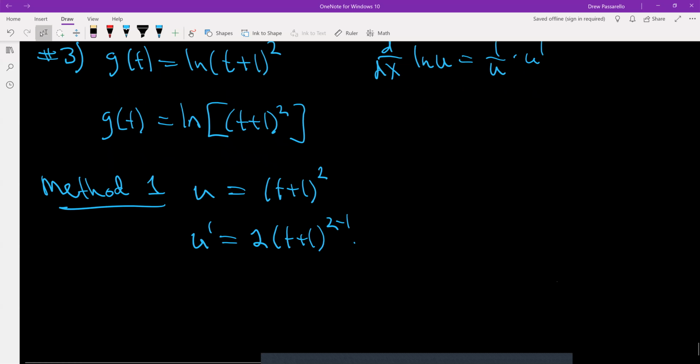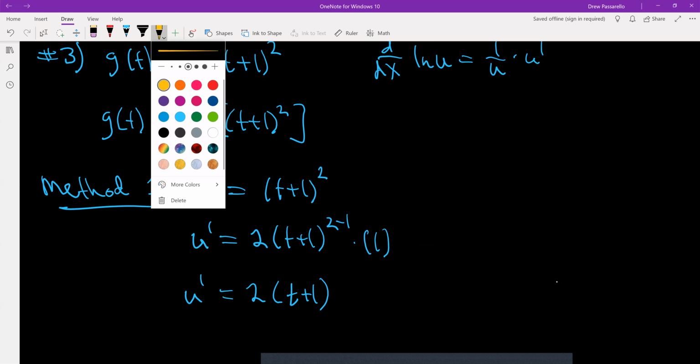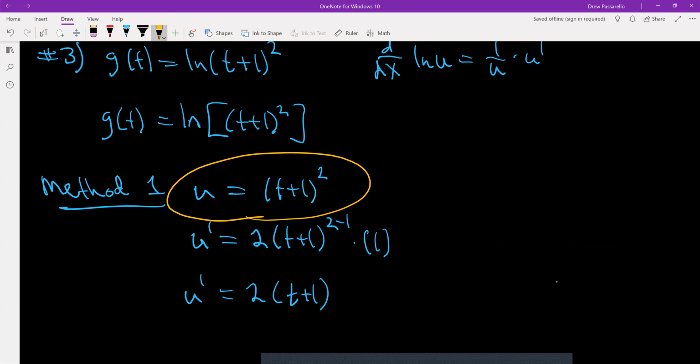Well, the derivative of t plus 1 is 1, because the derivative of t is 1. So u prime is 2 times t plus 1. And then our u is t plus 1 squared, and that's our u prime.